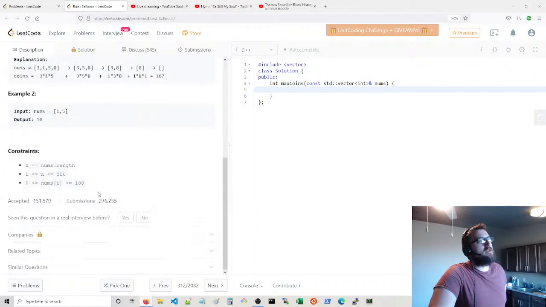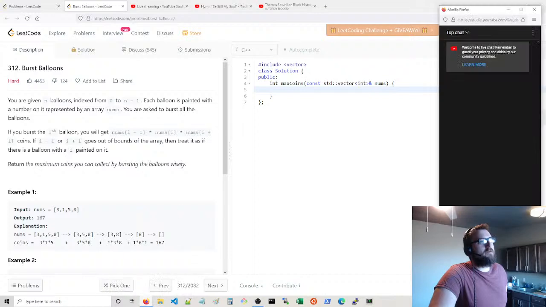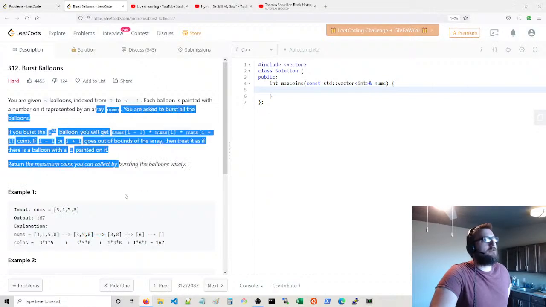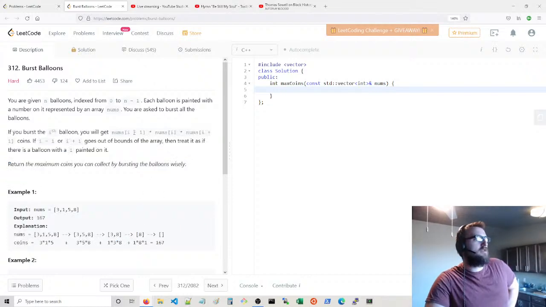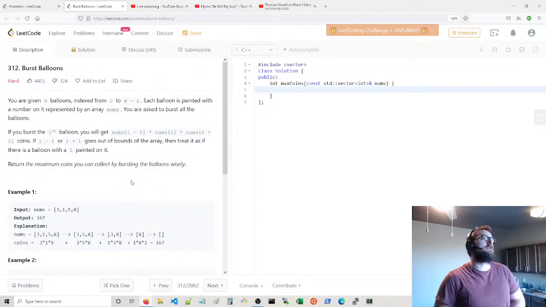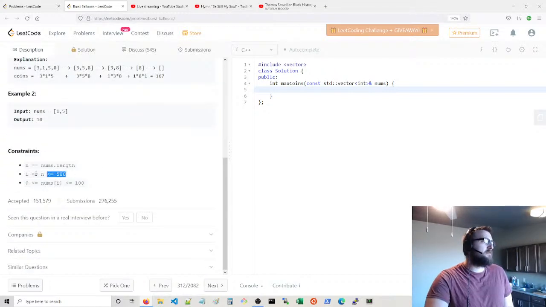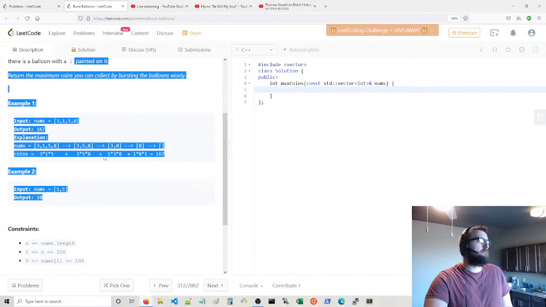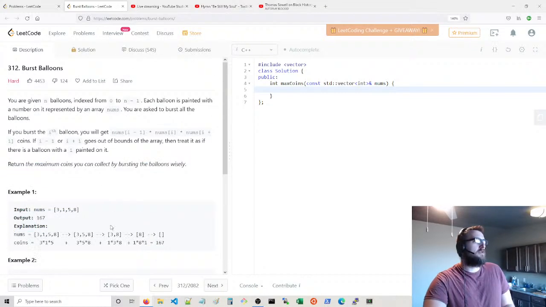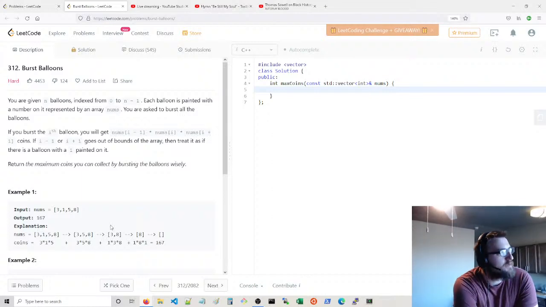I think all of these questions are, not all of them, but some form of sequence type of deal. Huh, well, that is interesting. So let's see. We've got to be somewhat efficient here because n is between 1 and 500.